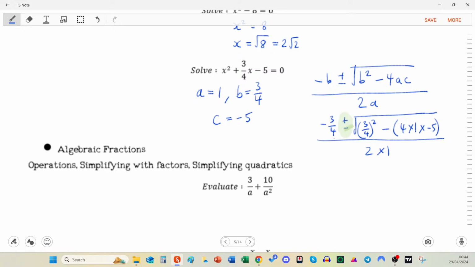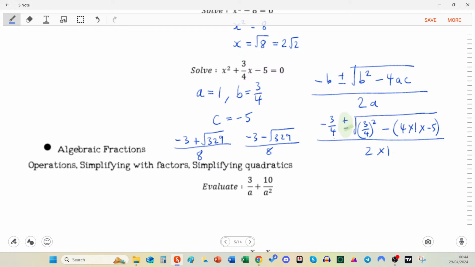Well, with the positive, we get negative 3 plus the square root of 329, all over 8. And we're also going to get negative 3 subtract the square root of 329, over 8. Because there's one where it's positive and one where it's negative, right?